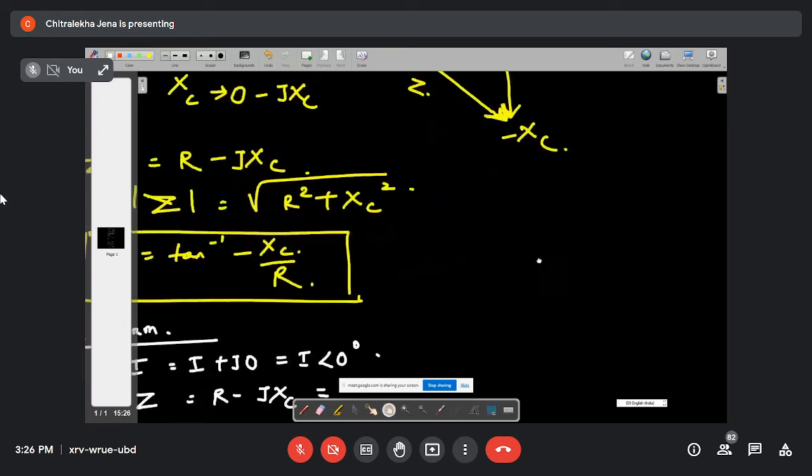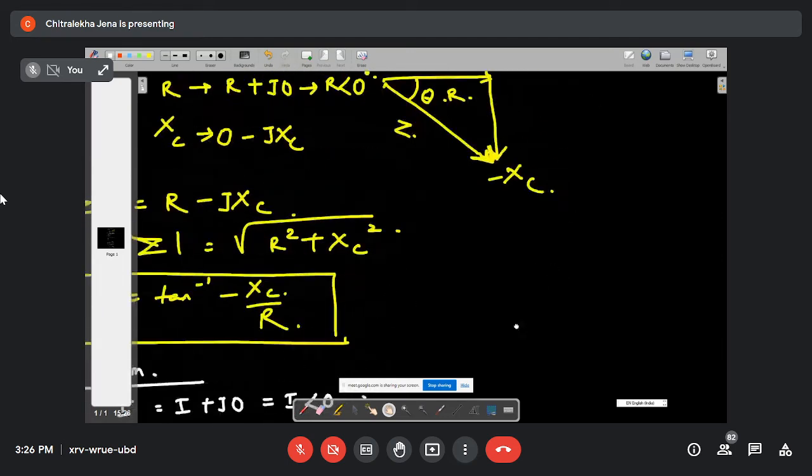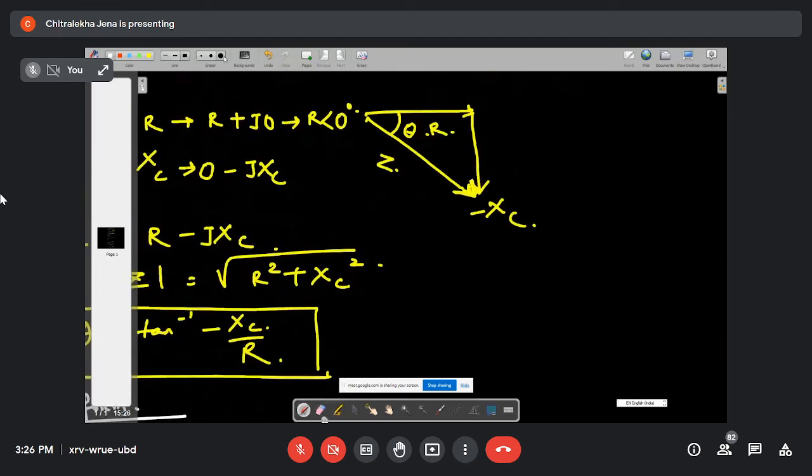Theta. But I have told you this one is lagging, this one is leading. If I am taking this one as theta positive, here what will I take? Negative. Yes or no? Got it or not, all of you?